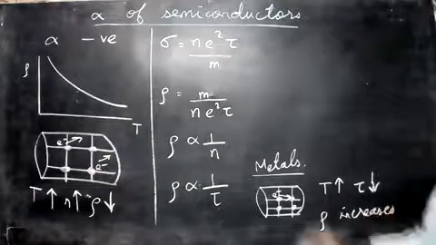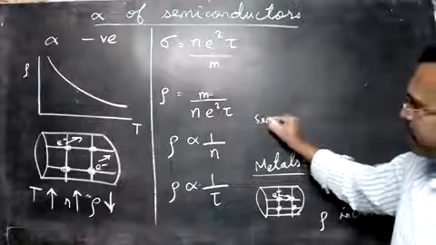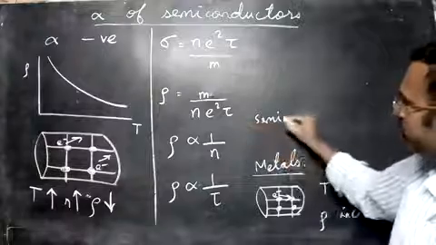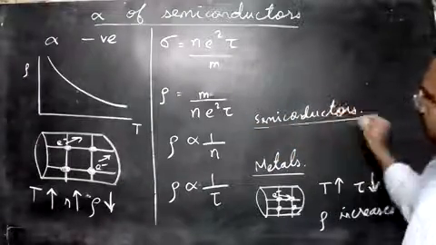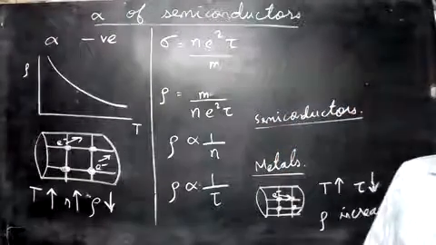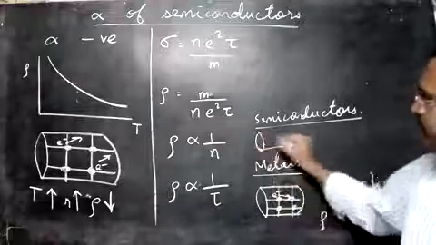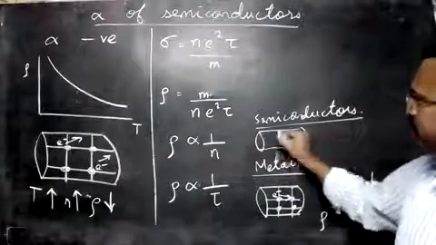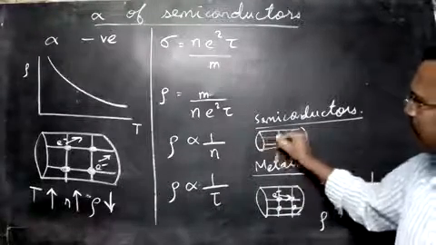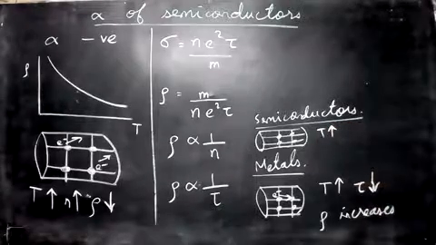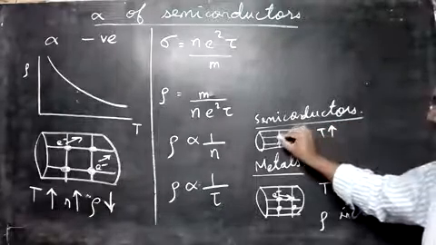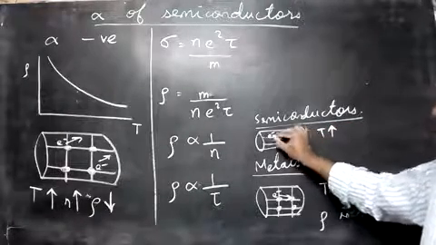Then for semiconductors, I'll use this equation to explain. We already saw that here. As temperature increases, the number of electrons increases, since each atom gives more electrons.